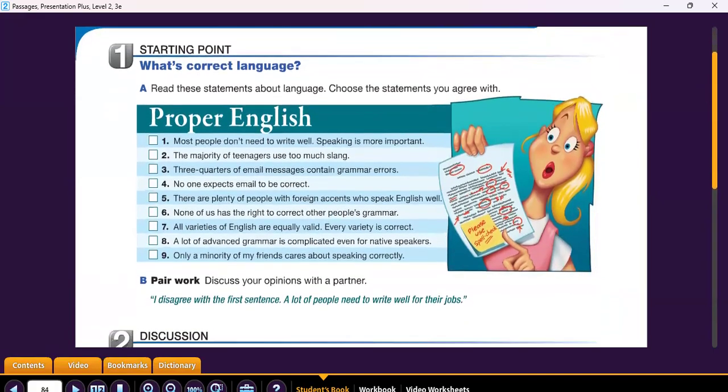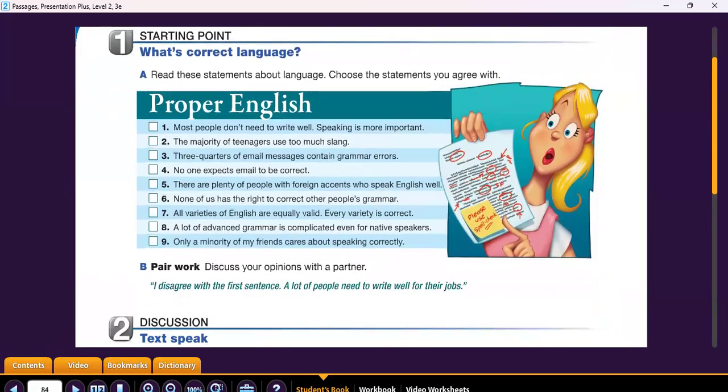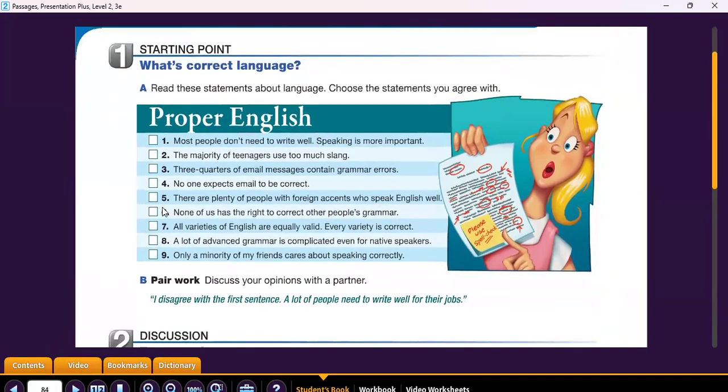What's correct language? Well, is it the same, the way we speak and the way we write? What do you think, Sabrina? Is it the same? Do we speak the same way we write? No, it's different.